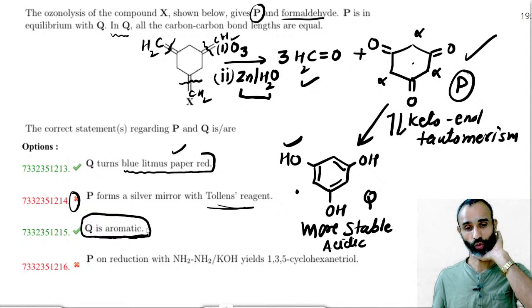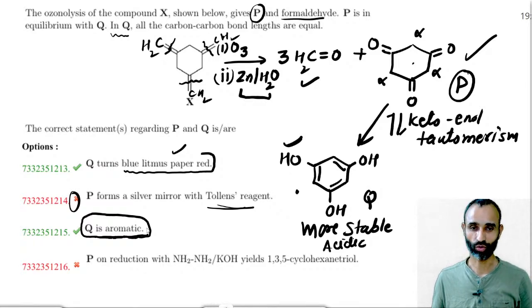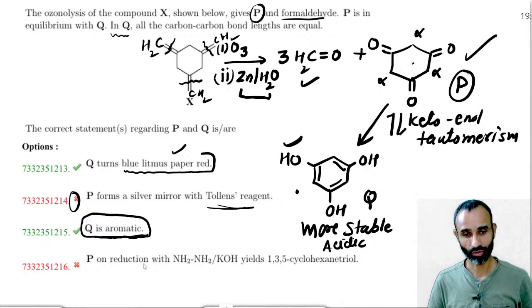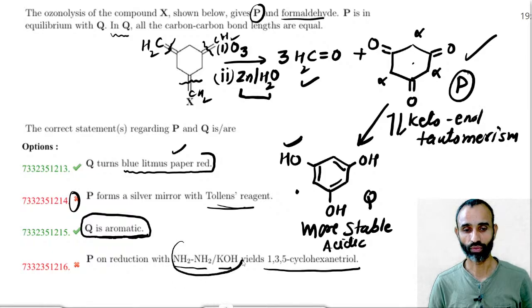Now Q is aromatic. That's true. Then P on reduction with NH2NH2 and KOH giving 1,3,5-cyclohexanetriol is wrong, because this is Wolff-Kishner reduction. So we get cyclohexane.